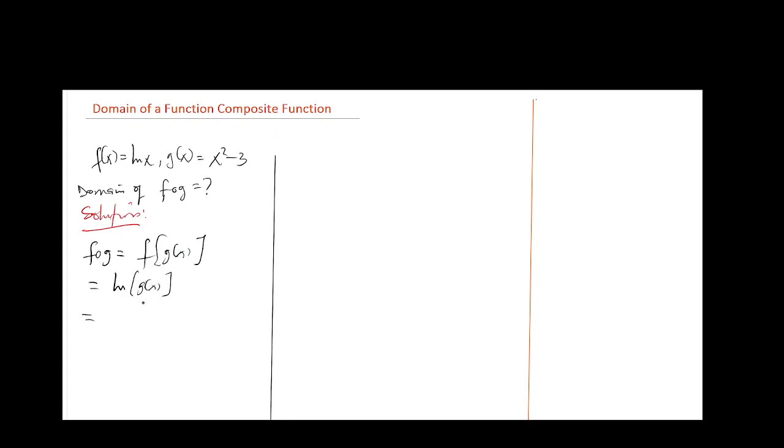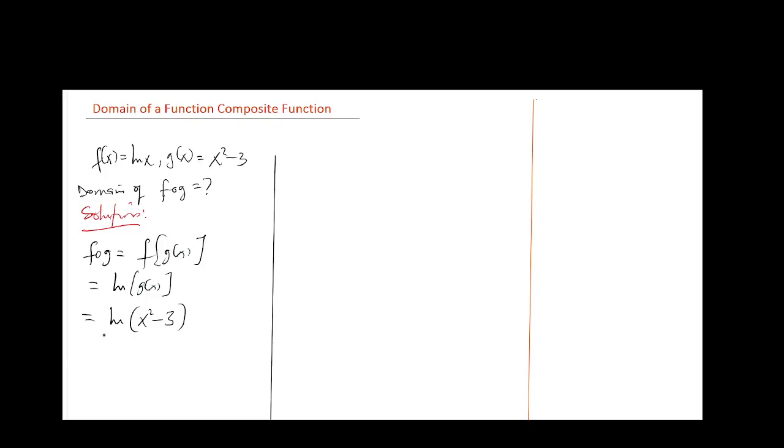So let's write this out properly. We are going to have ln, since our g is x squared minus 3, we write x squared minus 3. This is the composition. Now we are interested in the domain. How do we find the domain? The first step is the restrictions that apply.